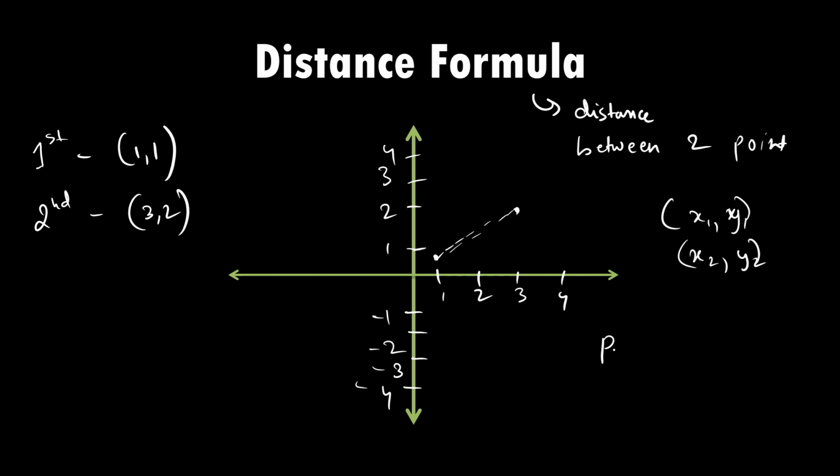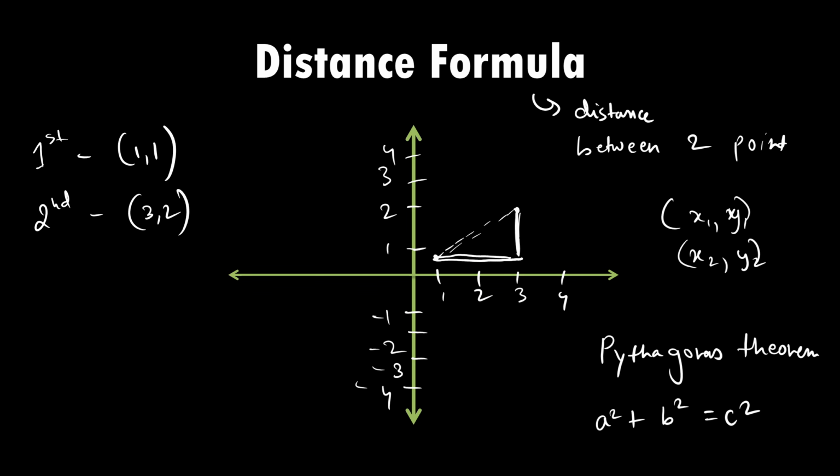So we can use Pythagoras theorem, which says that a square plus b square is equal to c square, and we can clearly see that. So we can see a right angle triangle is formed if we join these 2 points. So first we need to find the length along the x.